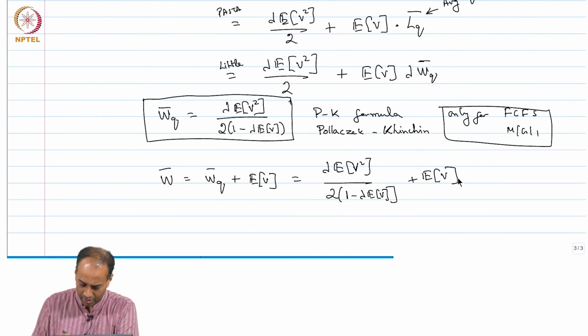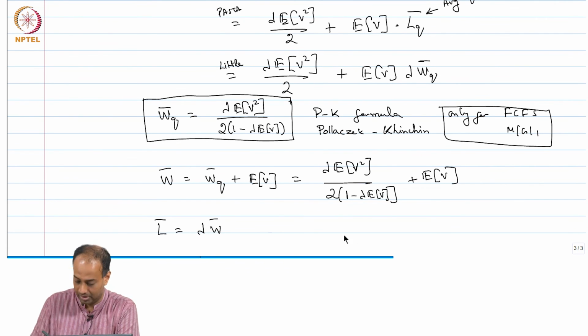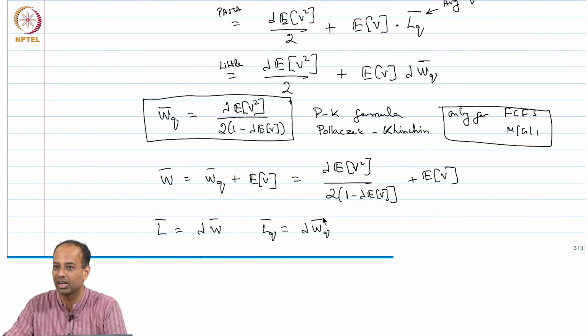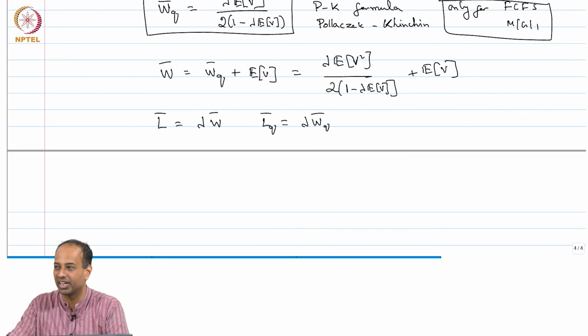And from here can you calculate L bar and LQ bar can also be calculated, right. L bar will simply be lambda W bar by Little's law and LQ bar will simply be lambda WQ bar. So, all this can be calculated for the M/G/1 queue. Okay. So, we are assuming that expected V square is finite, the second moment is finite.